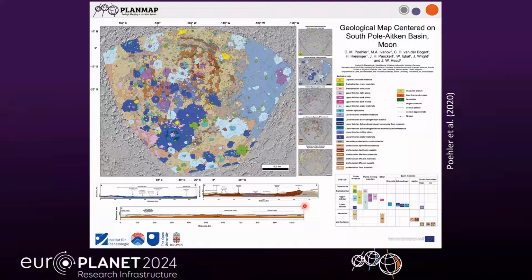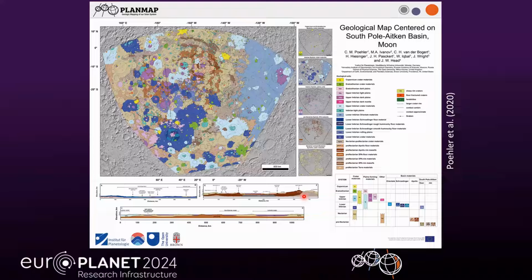There was a huge basin that formed, the Orientale Basin. And when you've mapped all of these things out, ordered them in order of age, and then had a look too at the subsurface expression of these units in particular locations, then you can write the story of the history of the South Pole-Aitken Basin.